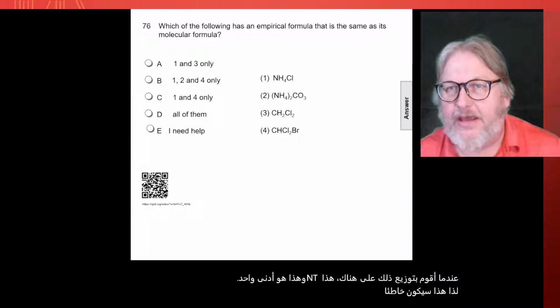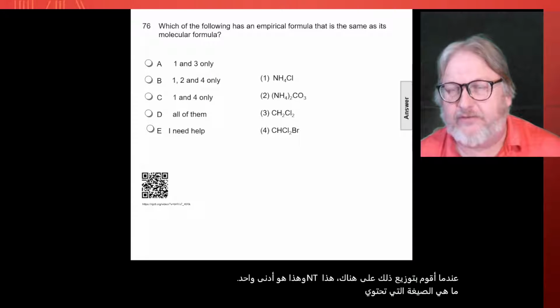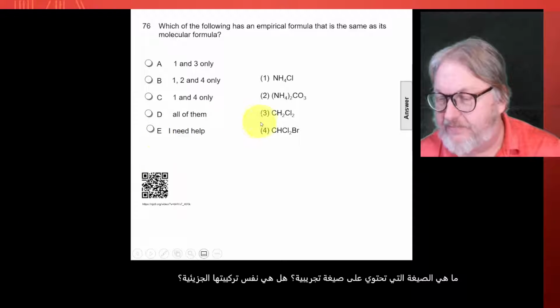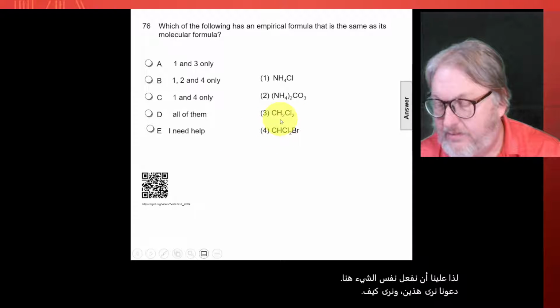Which formula has an empirical formula that is the same as its molecular formula? So we're going to have to do the same thing here. That's CH2Cl. That could be 3. That's going to be N2H8.